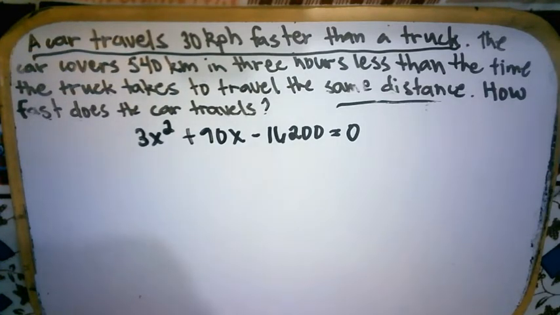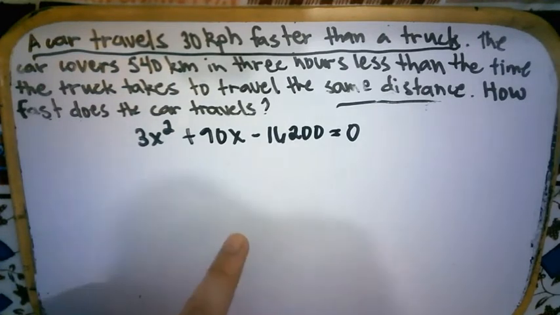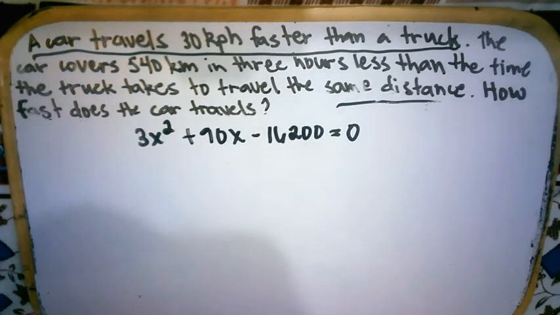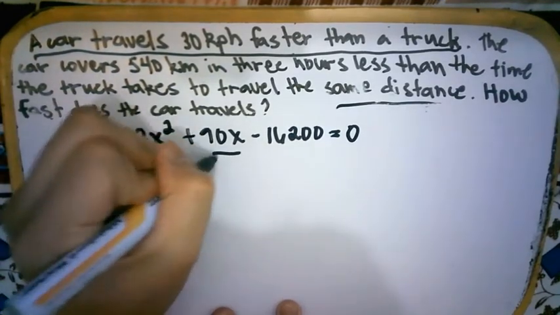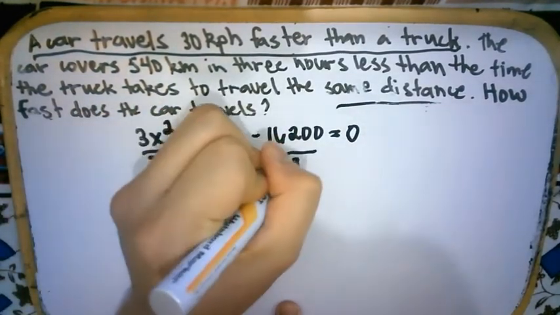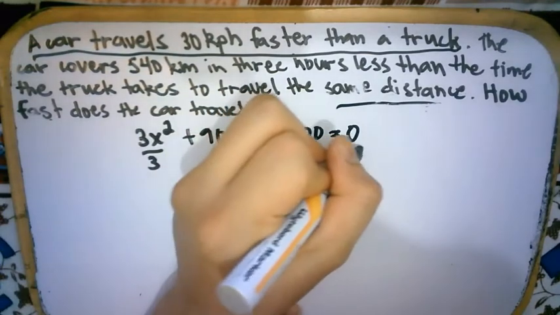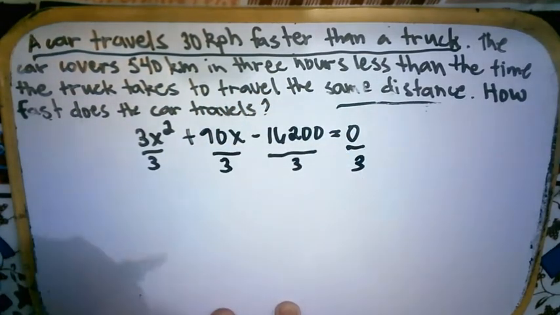Before we solve the equation, pwede pa nating i-manipulate to para mas madali yung solving part later on. So we can actually divide every term by 3. So divide by 3, divide by 3, divide by 3, and technically we have to also divide by 3 the right side.